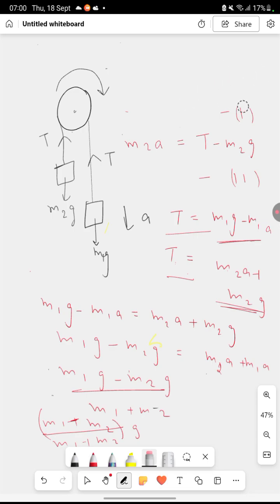So now we can put it in any equation and we can find the tension from here.